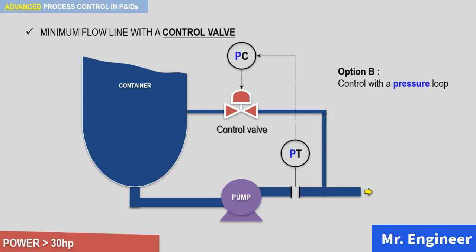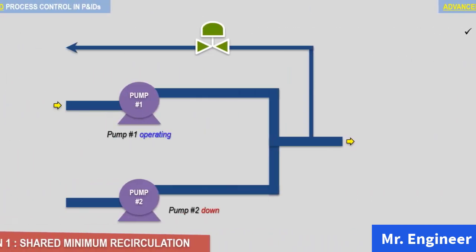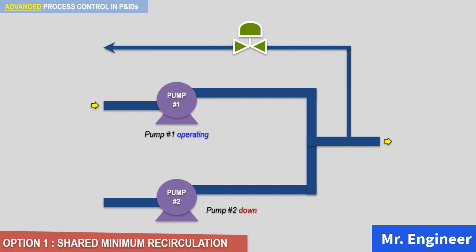Now, when there are 2 or more pumps in parallel, as highlighted here, and only one of them is operating and the rest are spares, a minimum spill back pipe from the common header works well. The question is what the minimum flow should be when there are parallel operating pumps. We have 3 options for providing minimum flow lines for parallel operating pumps, and that you will probably see in your PNIDs.